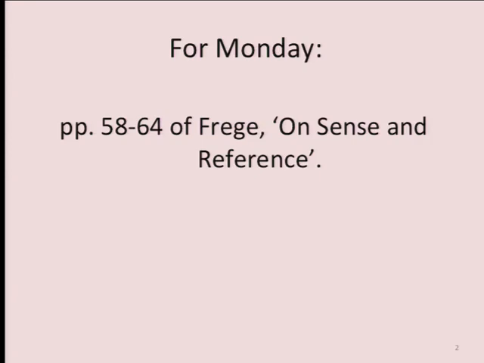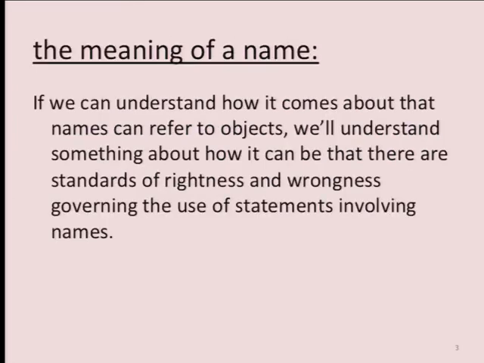Okay. So the way we left it last time was that if we can understand something about how names get hooked up to objects, then we'll be on our way to understanding something about how there can be such a thing as language, how there can be such a thing as getting it right or wrong in sentences involving the use of names.